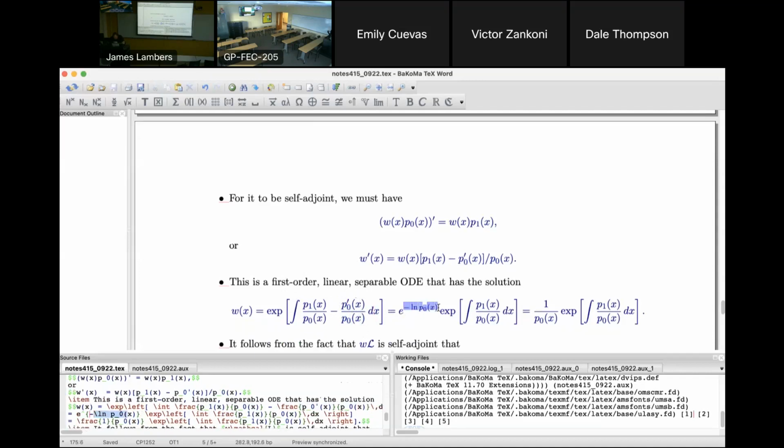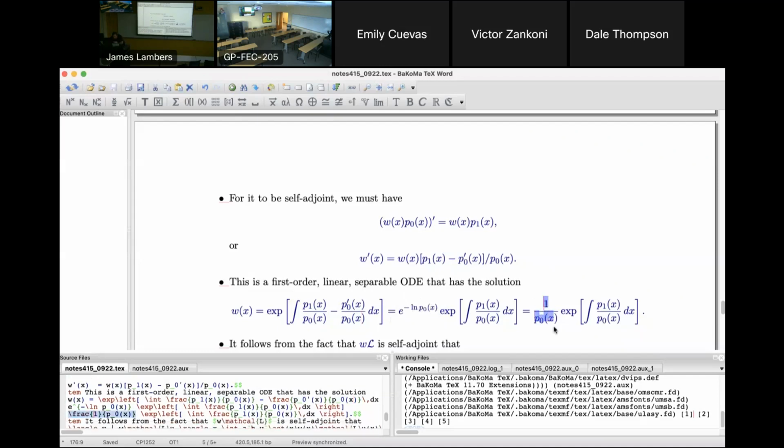So this part right here is what you get from actually working out the integral of the second term. But then if I take this minus and move it up here as an exponent, it's e to the natural log of 1 over P0, or P0 to the negative 1 power. The e and the log cancel out, and I get 1 over P0.